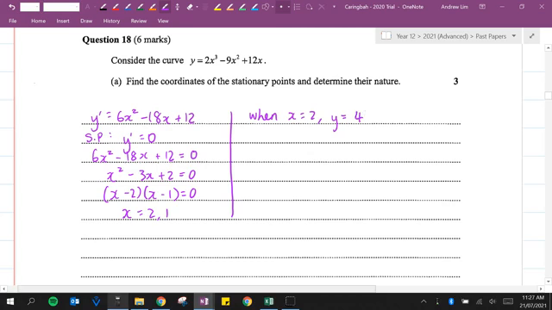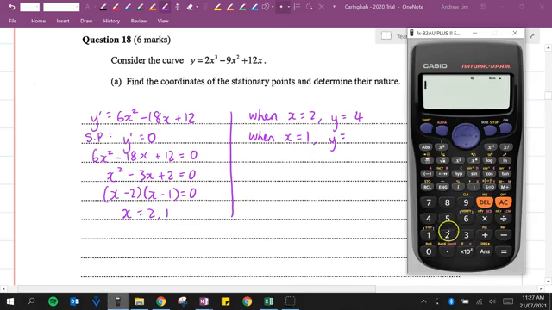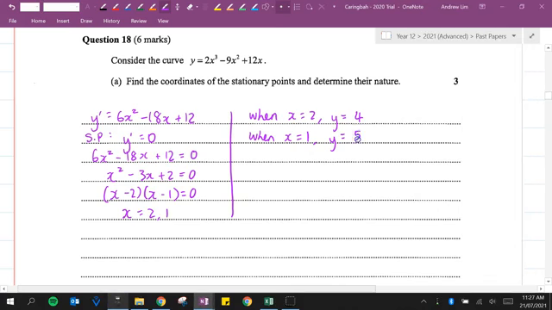So (2, 4) is a stationary point. When x is equal to 1, y is equal to 2 lots of 1 minus 9 lots of 1 plus 12 lots of 1, which is 5. So we've got (2, 4) and we've got (1, 5).